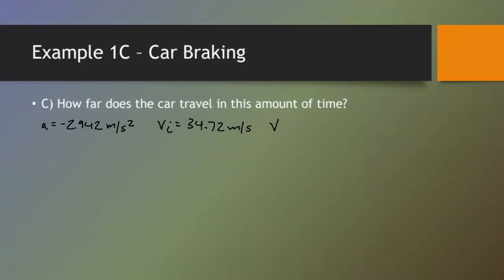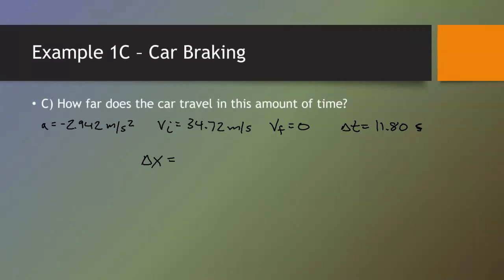We know its final velocity is 0. It's going to stop. And we know that it takes 11.8 seconds for it to stop. If we want to know how far it travels, that's delta x. That's the only thing we haven't found yet.